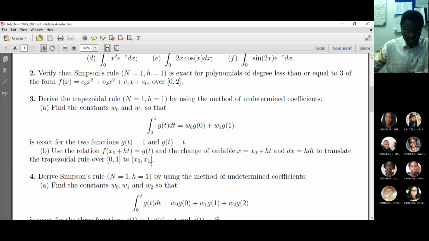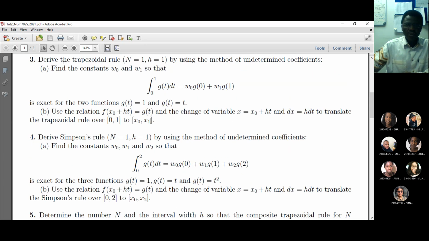Therefore, when you write this integral in your change of variable, you say approximately equal, and then you substitute this. I hope you tried that because I asked you to do that yesterday.